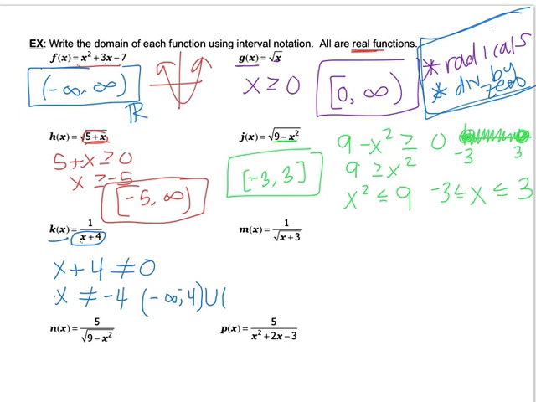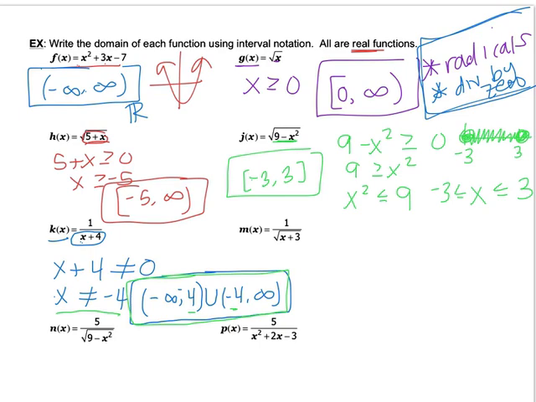So then I have another interval for my domain, and that would be everything from negative 4 to infinity, but I can't include negative 4. So it seems like a lot of extra work, but to represent the statement x cannot be negative 4 using interval notation, you need to write out the intervals of x that will work, and you're excluding negative 4 by making those boundaries.